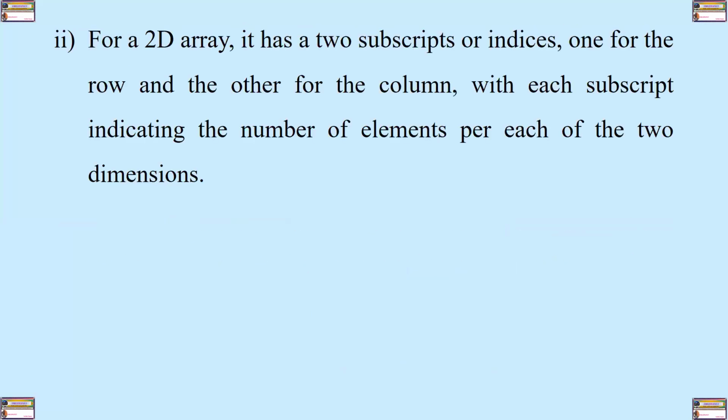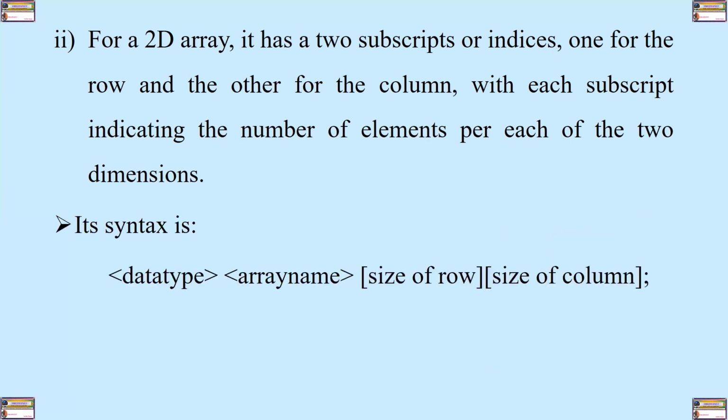For a two-dimensional array, it has 2 subscripts or indices, one for the row and the other for the column, with each subscript indicating the number of elements in each of the 2 dimensions, according to the order. The syntax is data type, array name, and now we have size of row and size of column. The names can change.